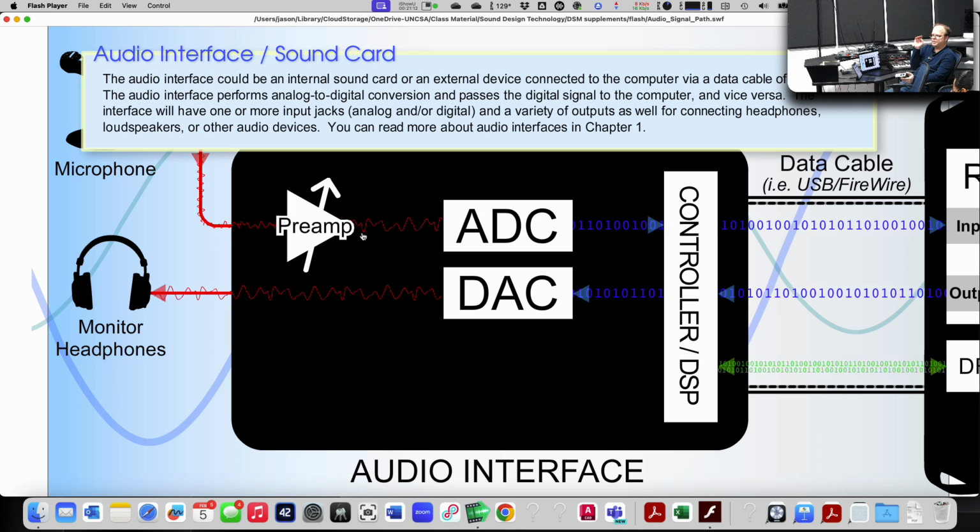So if it's 44,100 hertz, it's going to try to not let any audio frequency higher than 22,050 hertz go through the encoder, because any frequency higher than that is going to alias as something lower. So it's going to try to filter that out. But as you know, hopefully you've discovered in your experience so far, a filter is also known as an EQ, and EQs aren't perfect. They're not brick walls.